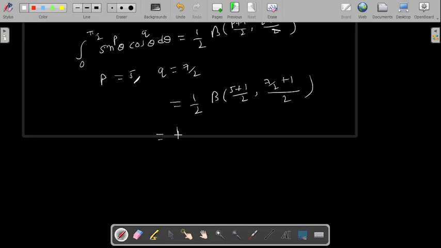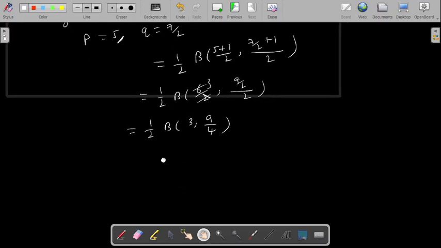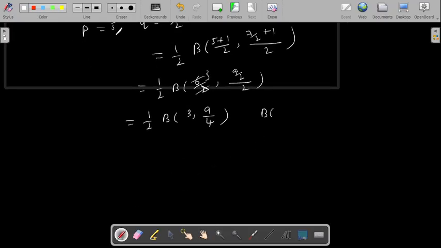This will be 1 by 2 beta of 6 by 2, and 7 by 2 plus 1 is 9 by 2, divided by 2. So this will be 1 by 2 beta of 3 comma 9 by 4. Now you know the relation: beta of m comma n equals gamma m gamma n by gamma of m plus n.